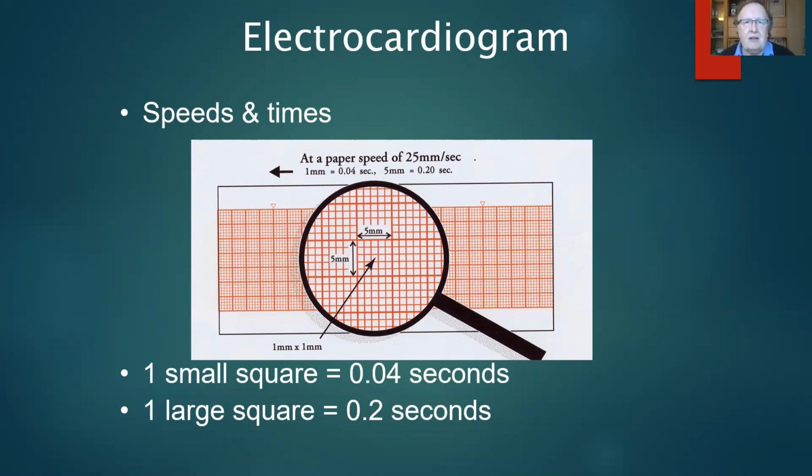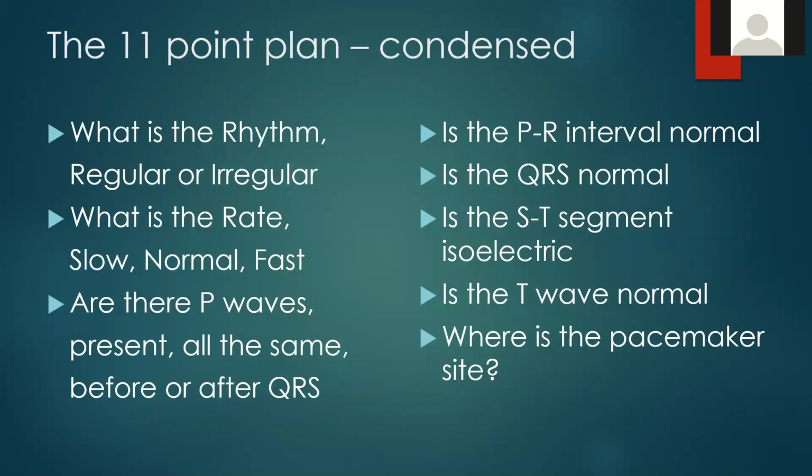Next slide, please. So this is the 11-point plan, and I've condensed it purely for the purposes of putting it on the screen, otherwise it's too much. First of all, we've got to look at what the rhythm is. The rhythm's either going to be regular or irregular. The Americans like a thing called irregularly irregular. In my head, that's just irregular.